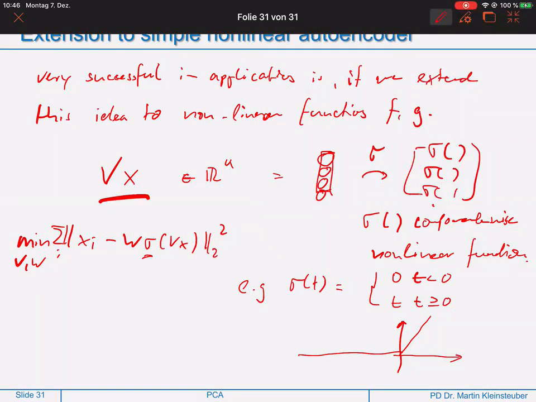And it just shows you that, compared to the linear autoencoder, we only have added this very easy component-wise nonlinearity in the components of the V of x, and that already helps us to receive better results here. And this is what directly leads us to our next chapter, which is feed-forward neural networks.